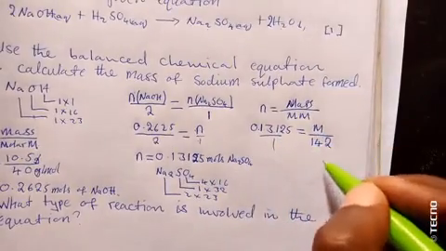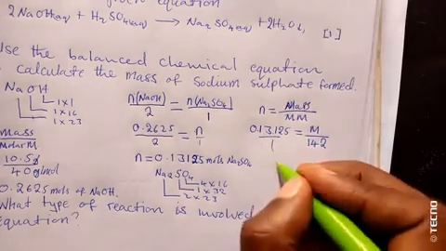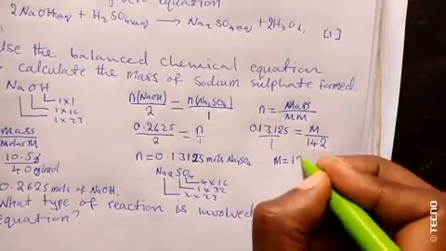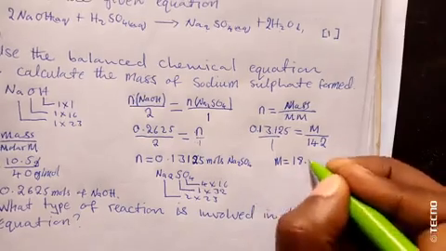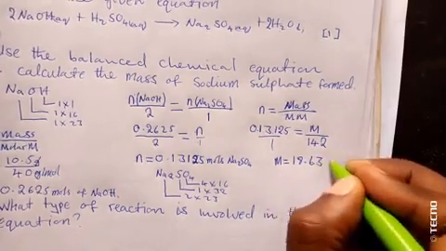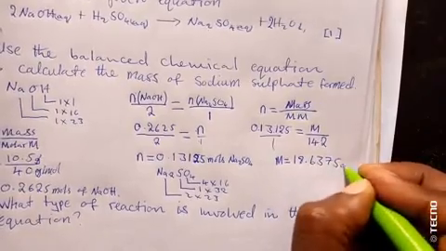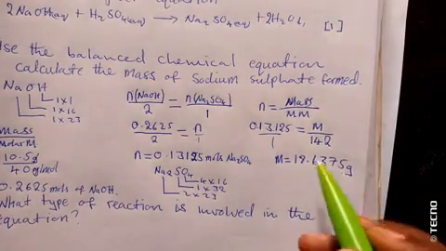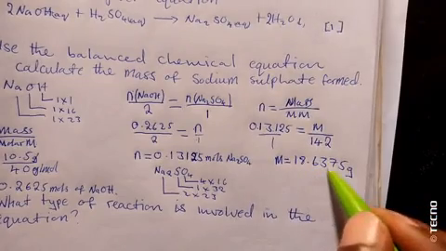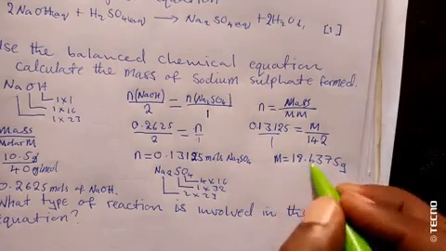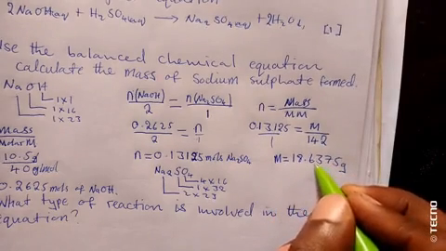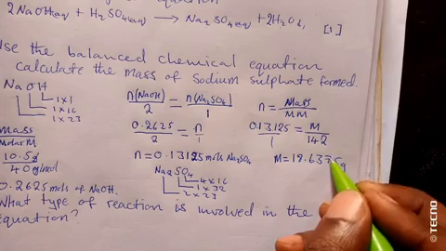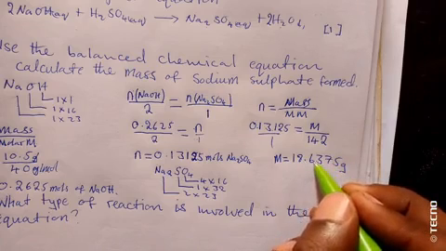Once you multiply this times that, you get your mass M is equal to 18.6375 grams. So you can round off to 1 decimal point or to 2 decimal points. If you want to round off to 2 decimal places, it's going to be 18.64.